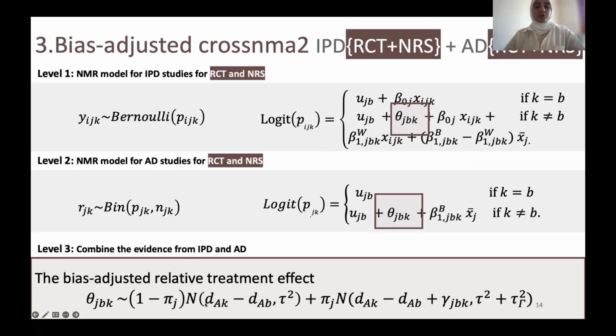The first normal distribution models the unadjusted effect, the D's, and the second normal model is used to model the bias adjusted effect, the D's and gammas.